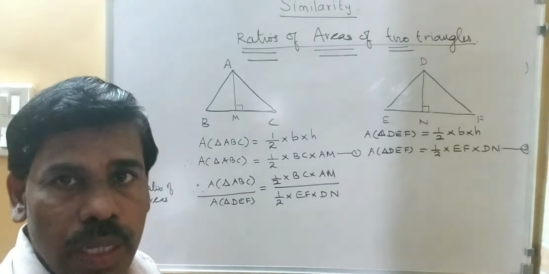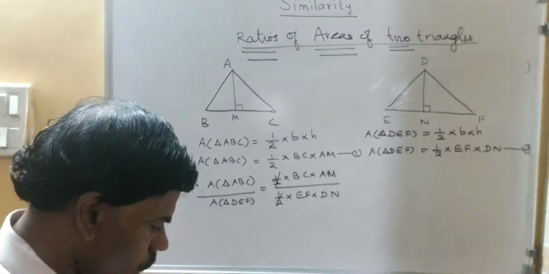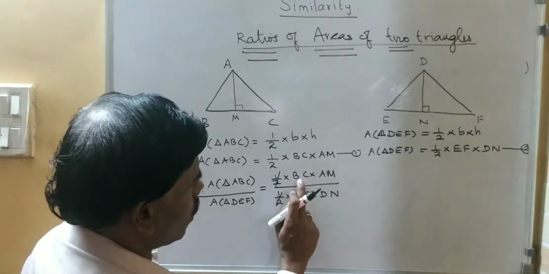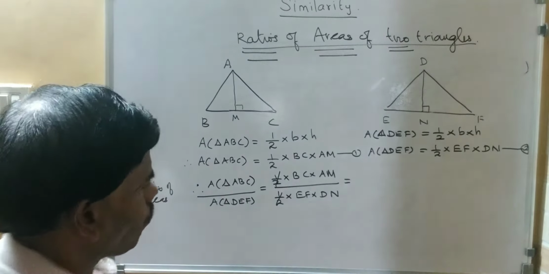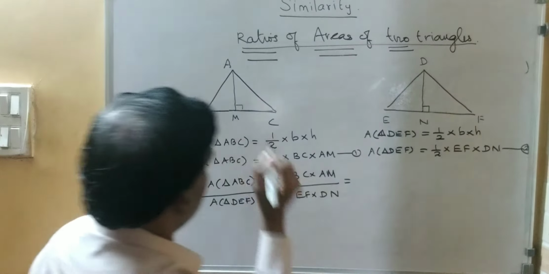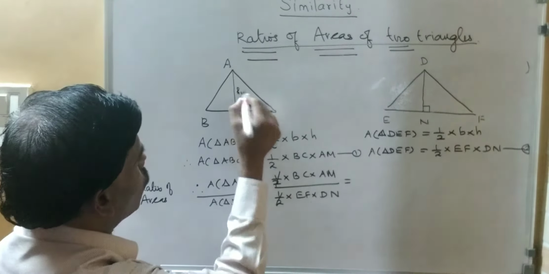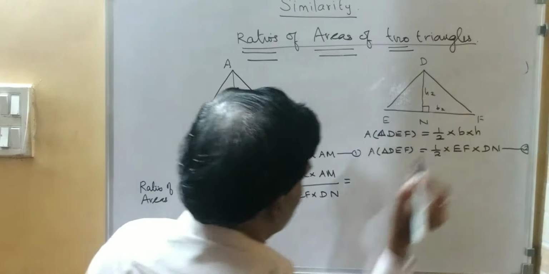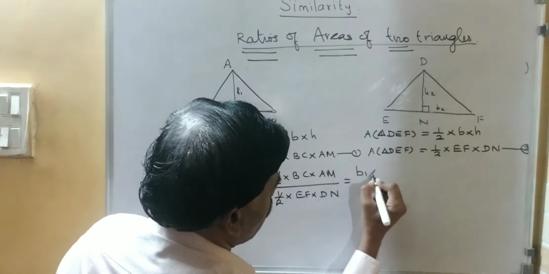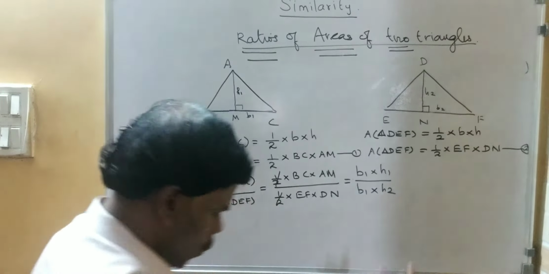What will get cancelled? Half will get cancelled. So what you are having is, actually this is base, this is base. This you write B1, this you write H1, this you write B2, this you write H2. So B1 into H1 upon B2 into H2.